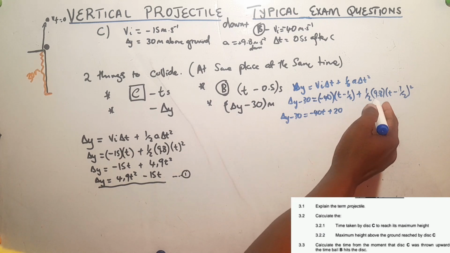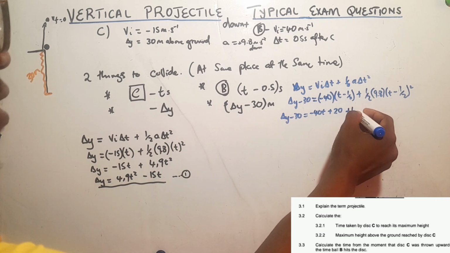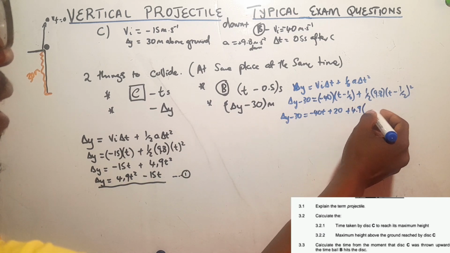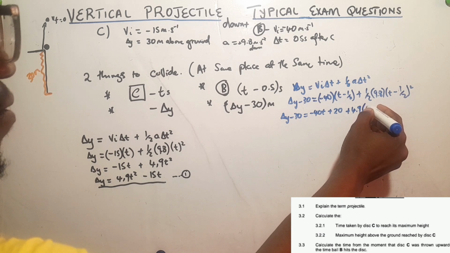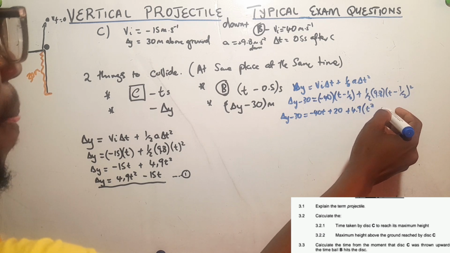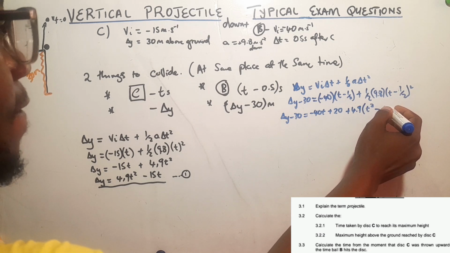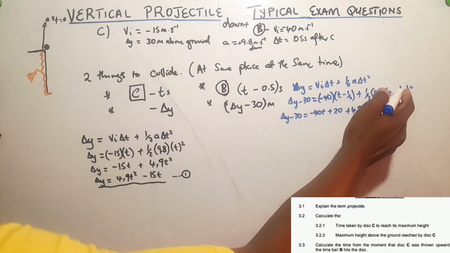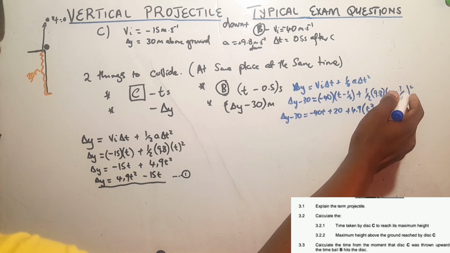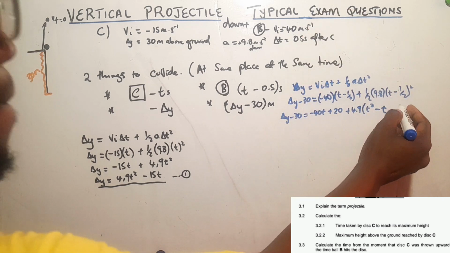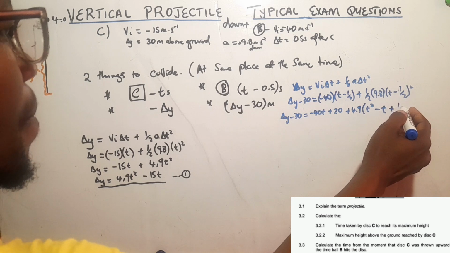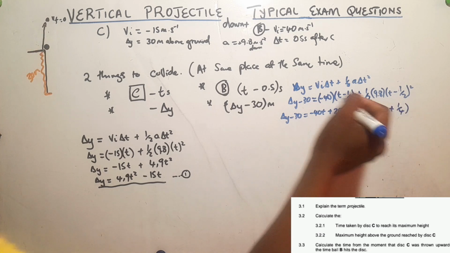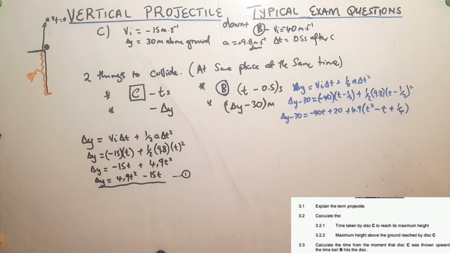And now this will give us 4.9, and the bracket will just give us t squared minus t, because it will be minus half t minus half t, it will give us minus 1, and then plus a quarter, because negative half squared gives us positive quarter.